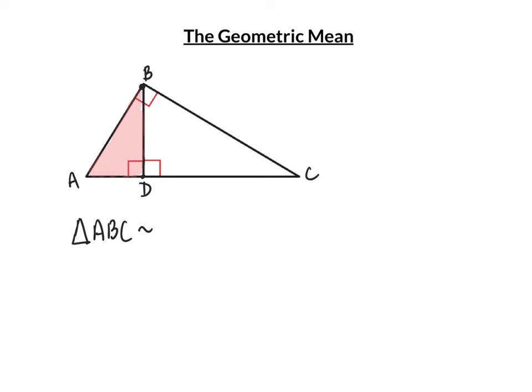Notice the big triangle, triangle ABC, has angle A. Notice the little triangle also has angle A. So what we know then is that they have two angles congruent. That's angle-angle similarity. Because if two angles are congruent, the third angles are congruent because we only have 180 degrees in each triangle. So they are similar, and we're going to write the similarity statement. This is triangle. We know that A has got to be congruent right here to itself.